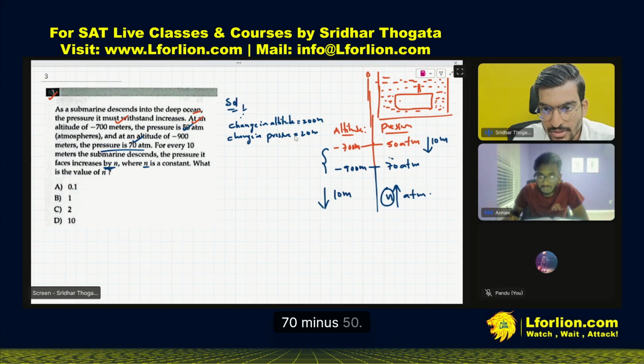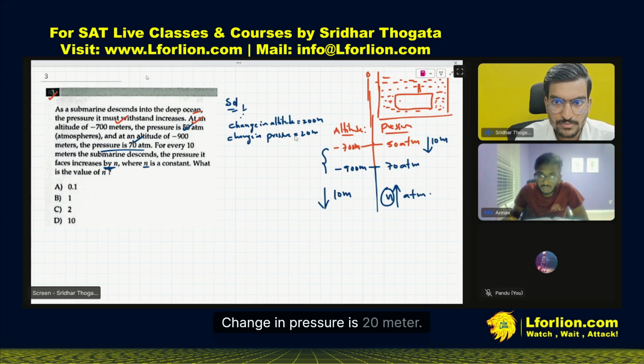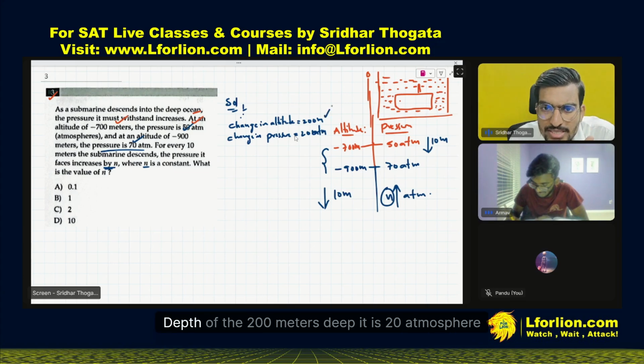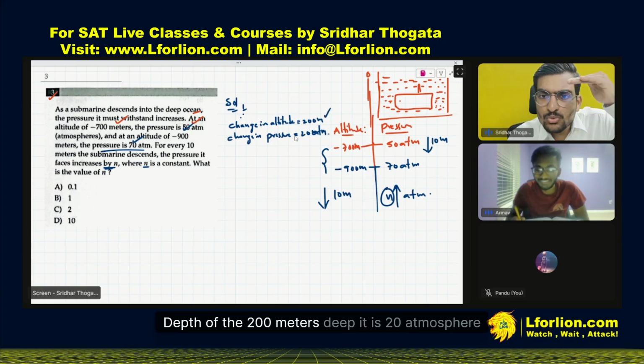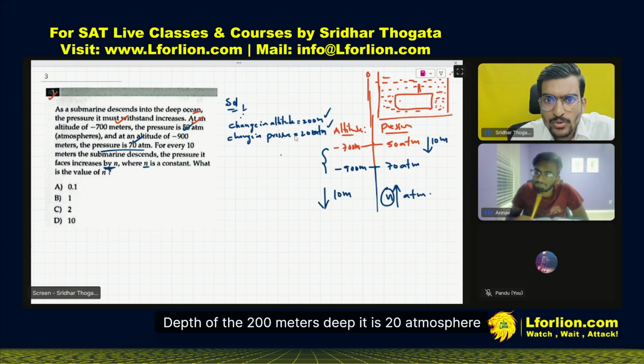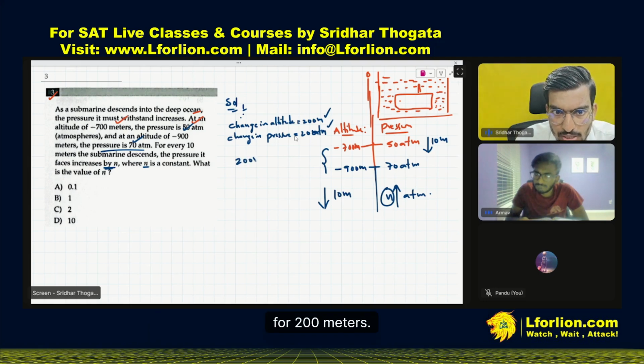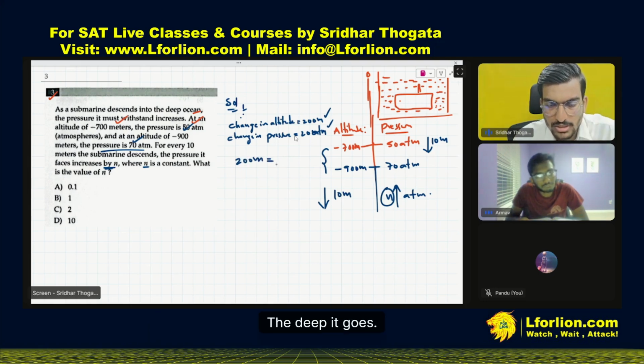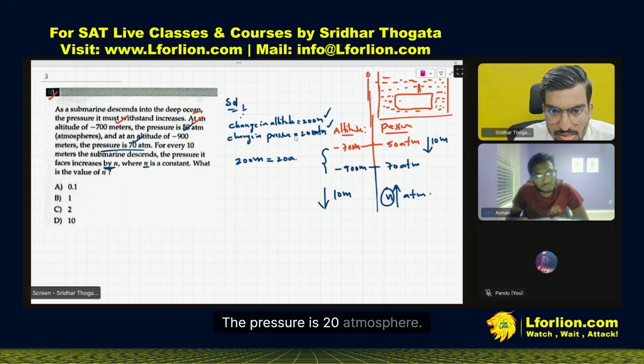Here 70 minus 50 is 20. For 200 meters deep, the pressure change is 20 atmospheres.